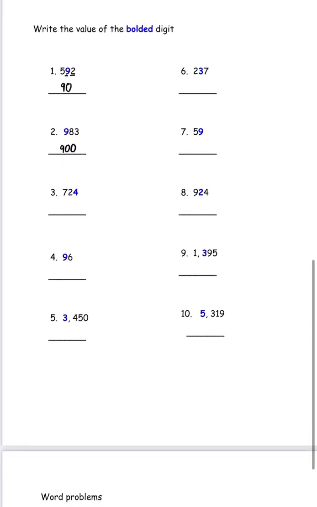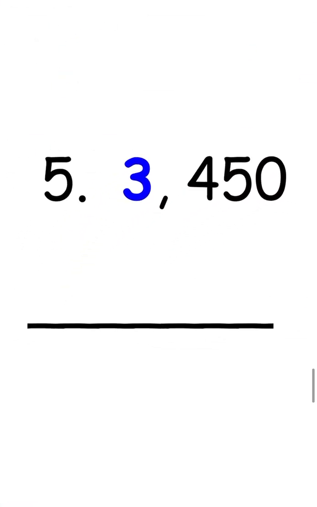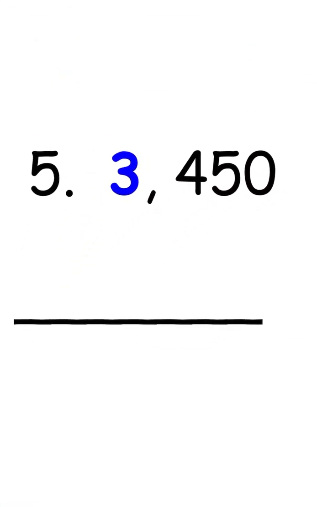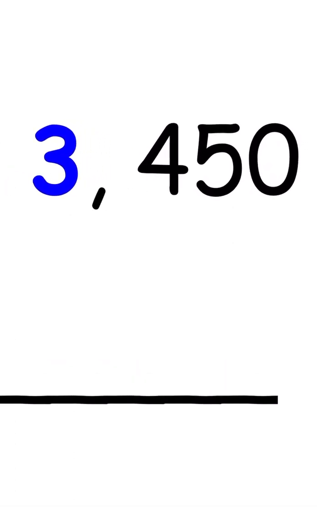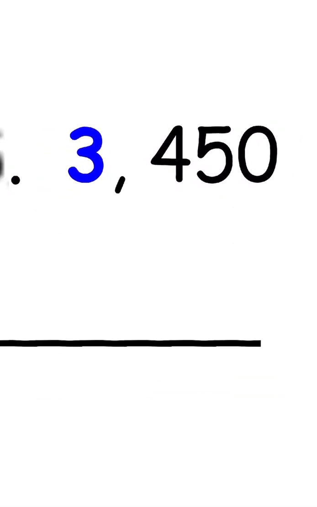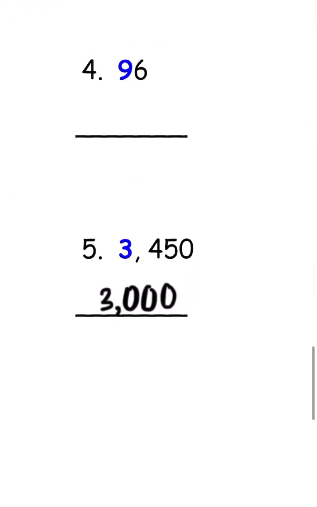Let's look at number 5. For number 5, we have 3,450. So this one is the thousands place. For the thousands place, if you count it, there will be 1, 2, and 3 zeros next to 3. So we need to first write 3 and then put 3 zeros next to it.